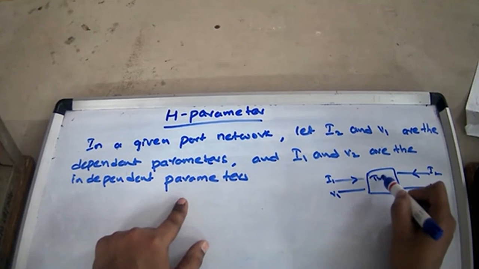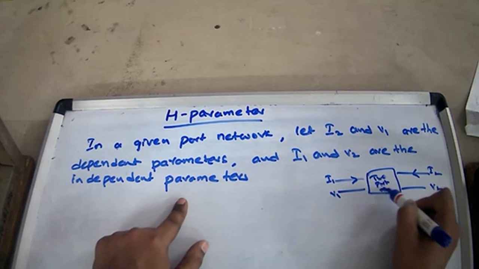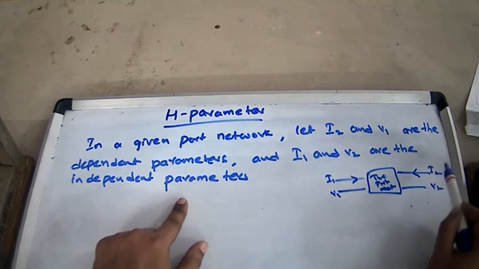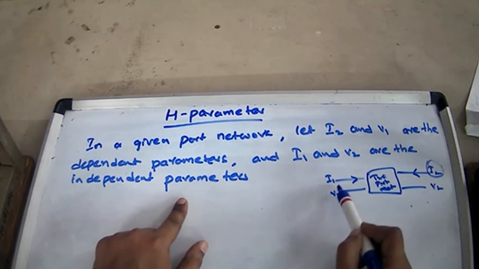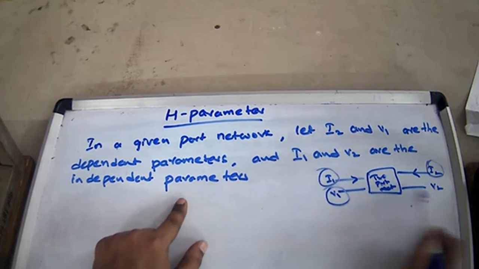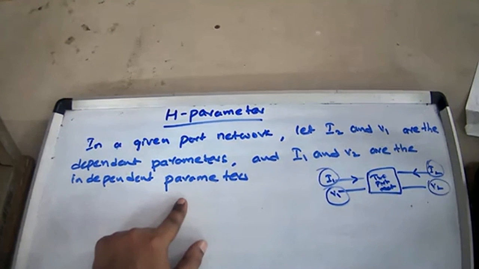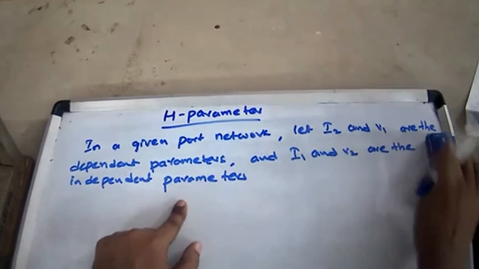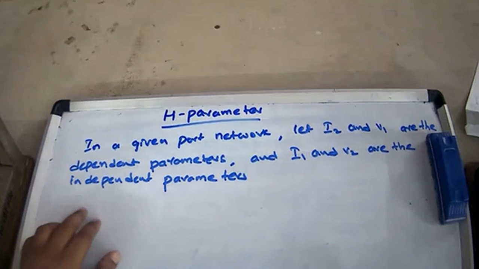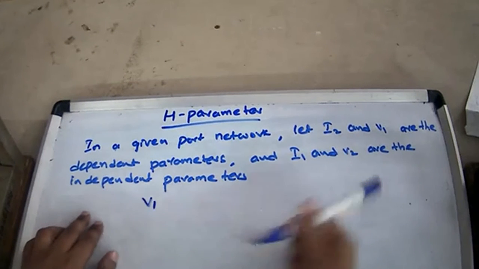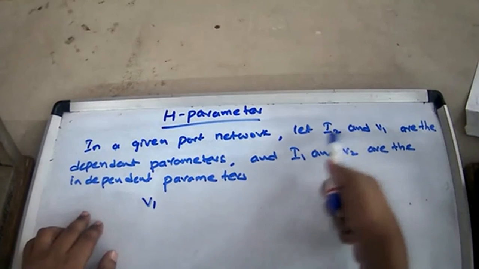So this is the example of two port network, right? So in this case what we are saying, I2 and V1, these two are taken as dependent parameters, whereas I1 and V2 we are taking as independent parameters. Now when we are writing this, we will be writing the equation as V1, because these are the dependent values.